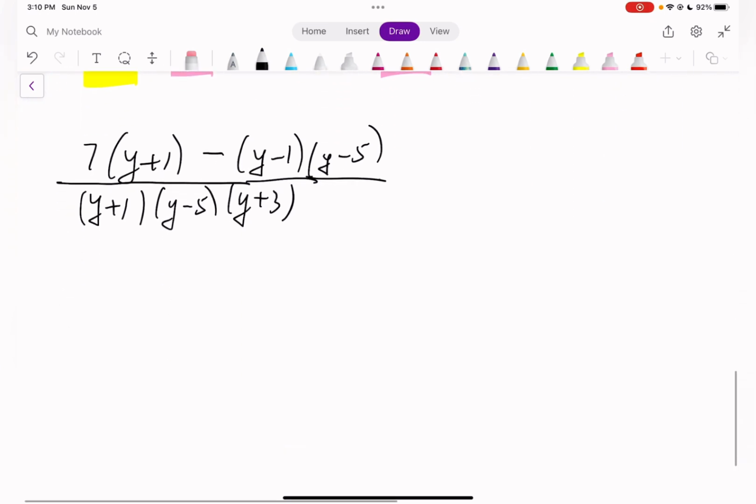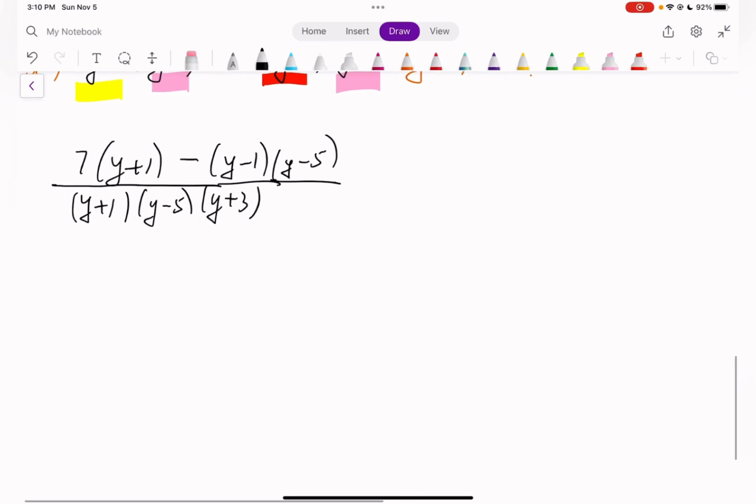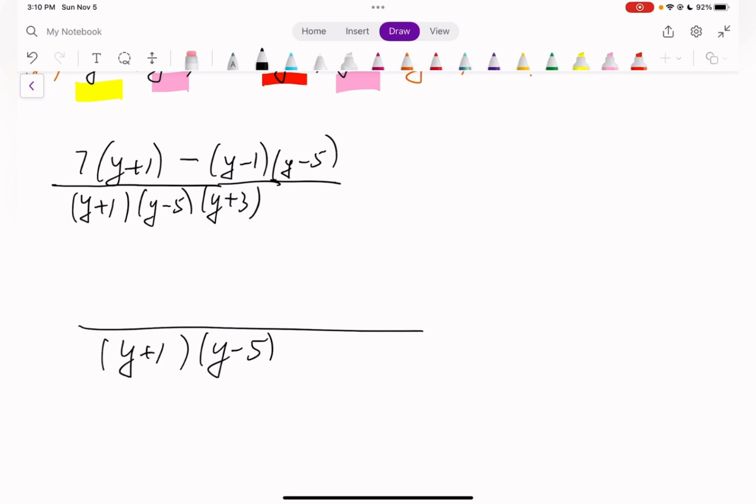And you're always going to treat it like that, like a negative sign in front of parentheses. All right. So what do we get here? 7 times y is 7y. This is going to be plus 7. Now we have minus here. I can put in parentheses and multiply first and then flip the sign.